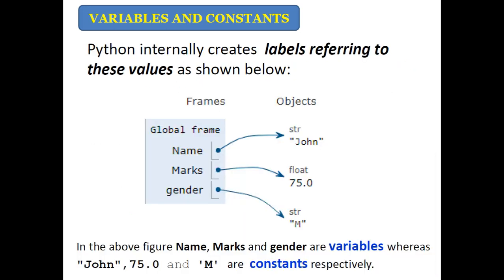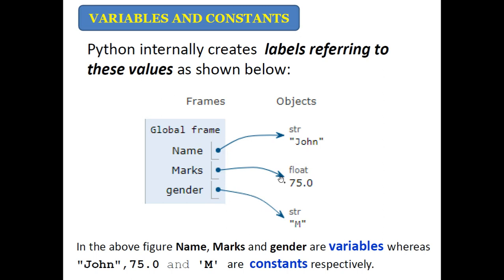Now, as soon as we define a variable with some value, Python internally creates labels referring to these values as shown below. I have defined variable name equal to John, another variable marks with this value, gender equal to this value, and internally Python creates this type of frame and refers to or points to these constants or these values internally.